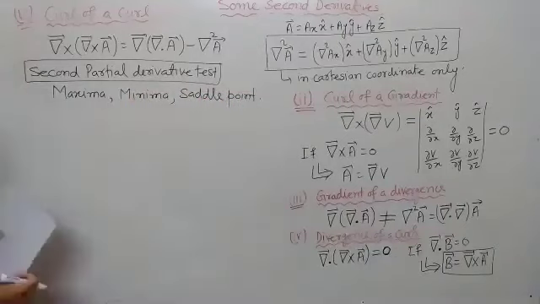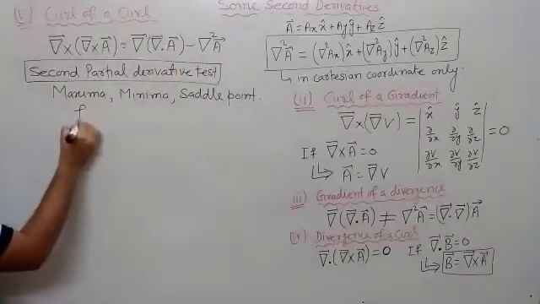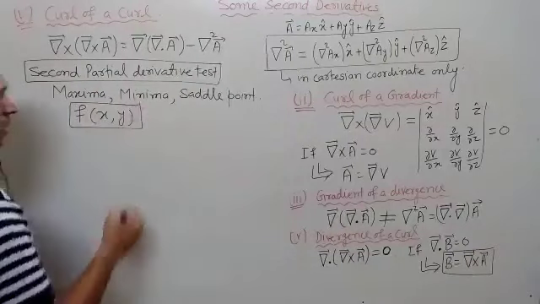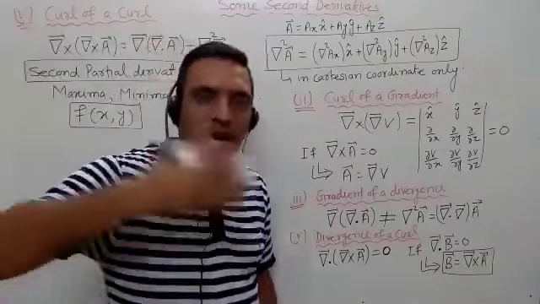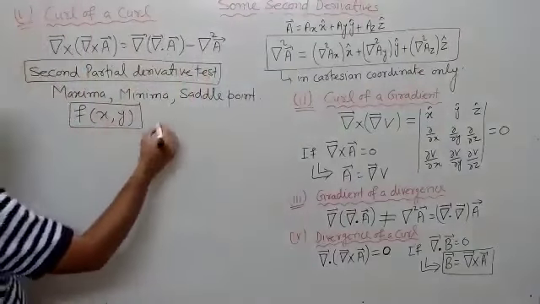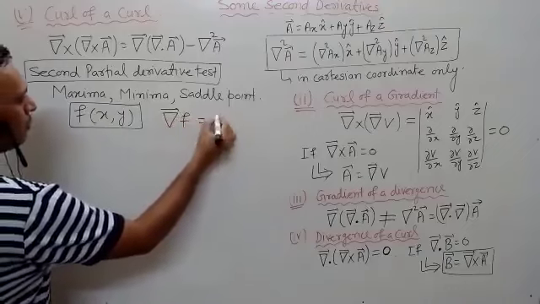ठीक है? So first step: let's say some scalar function is given, f is a function of x, y. In our example, I have taken h, the height, as a function of x, y. So for the maxima and minima condition, you first put the gradient of f equal to 0.